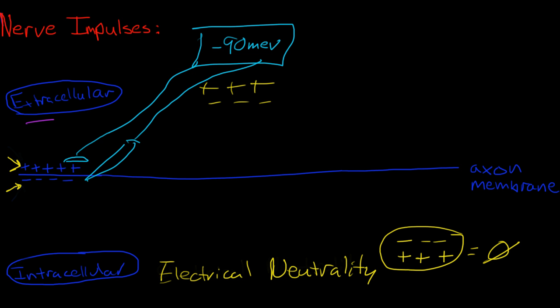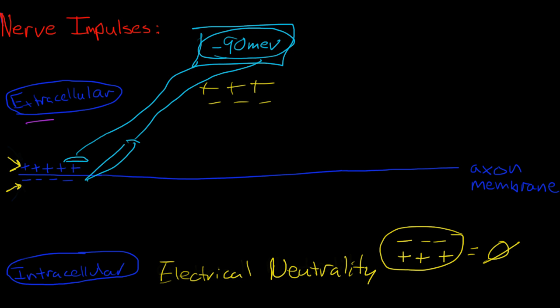And this varies from nerve to nerve in different parts of the body, and it also varies from moment to moment as different things are occurring in the body, and I'll talk about that a little bit further on in the course. But the negative 90 millivolts is approximately what the difference in charge is from the inside to the outside of the membrane.